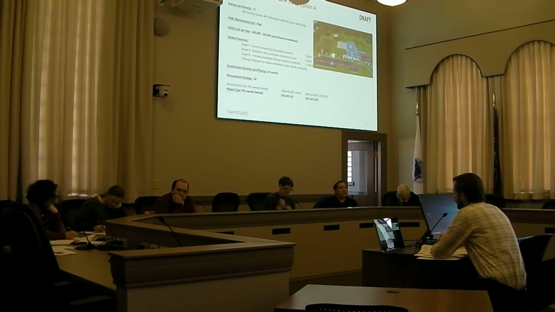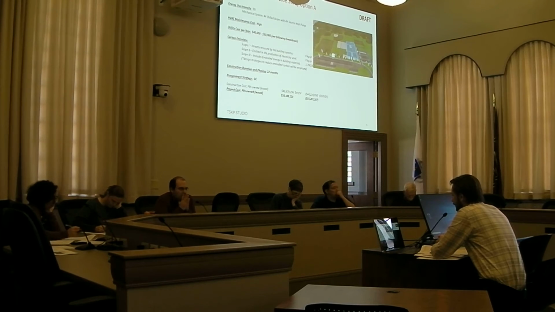Scope 2 is emitted in the production of the electricity used. This reflects the fact that the electrical grid is not fully carbon-free, that there's some gas, perhaps coal in our grid right now. And so if we use the electricity from the grid, we're emitting carbon just over at the plant.